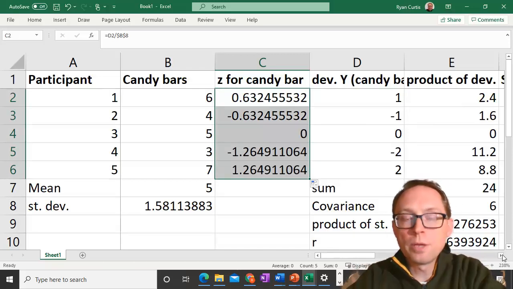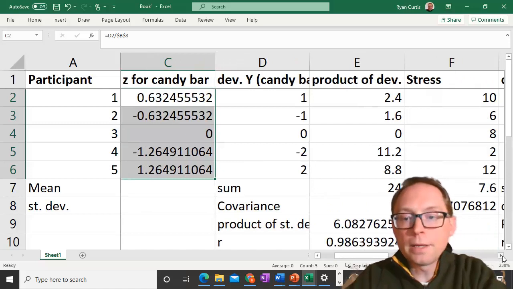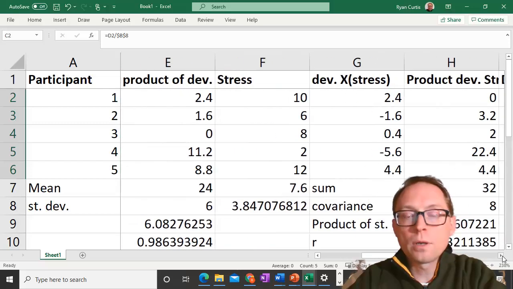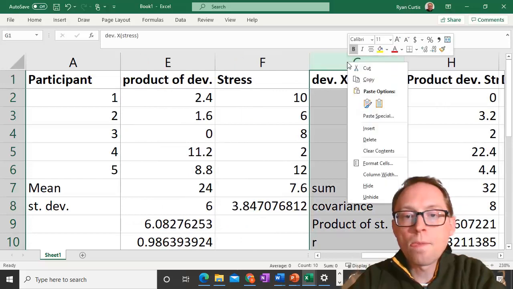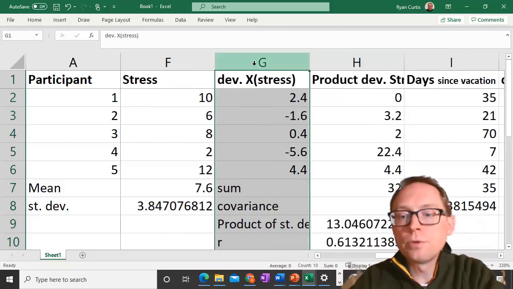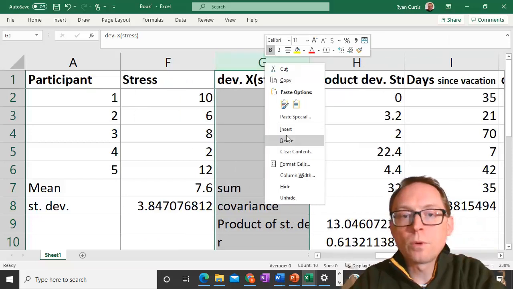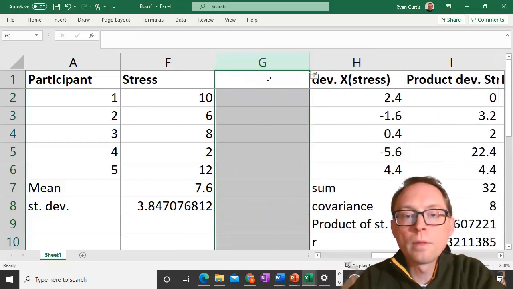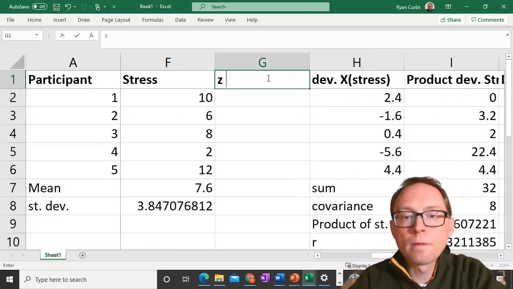All right, now I'm going to do the same thing for stress. Let me insert a new variable here. Let me move it over just one more. There you go. This is the z-score for stress.